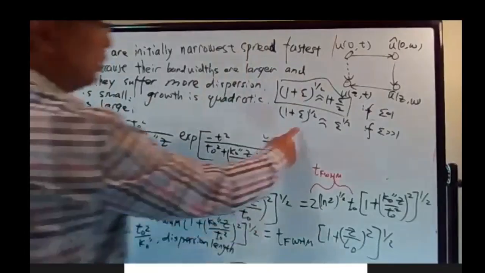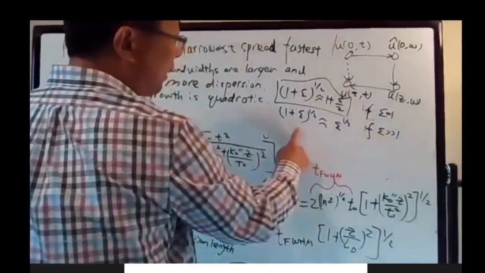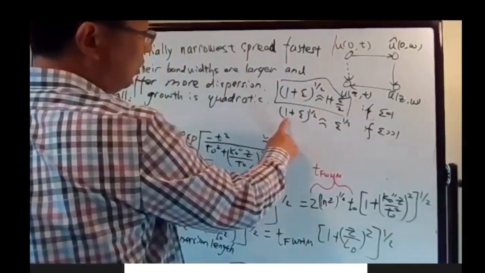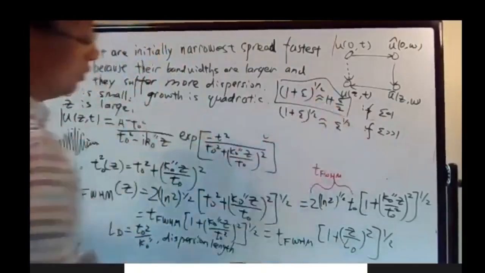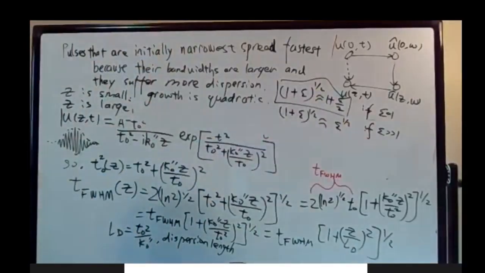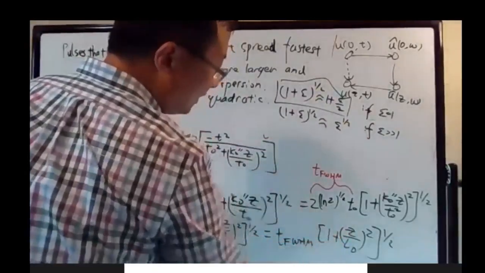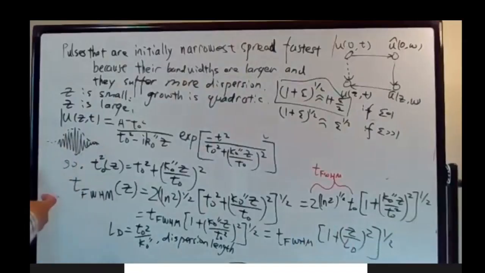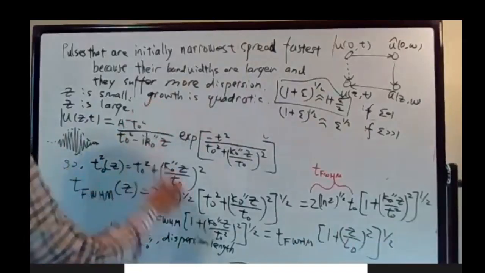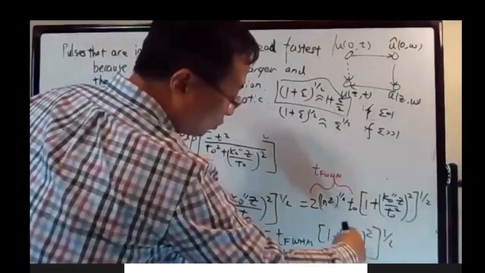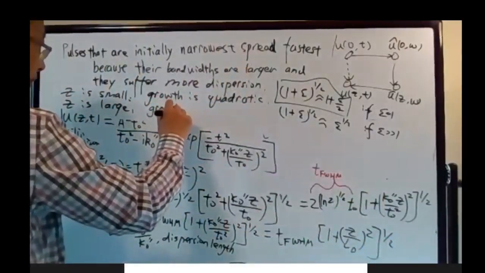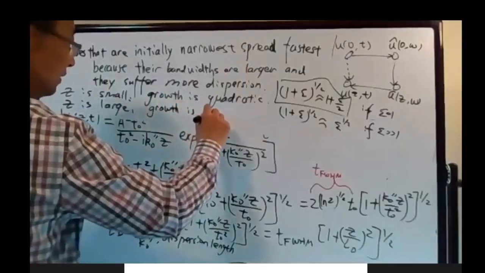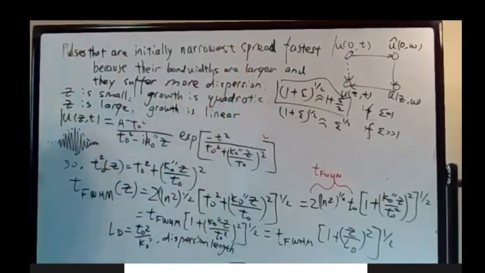If epsilon is much greater than 1, then 1 is negligible, so it's the square root of epsilon. So in this case, if Z is large, 1 is negligible, then we take a square root and the growth is linear.